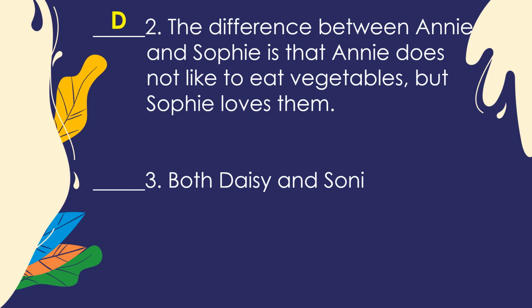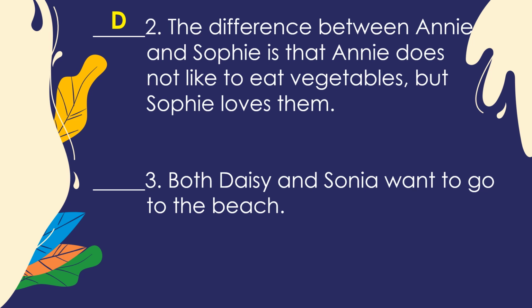For the last number, both Daisy and Sonia want to go to the beach. So si Daisy at Sonia ay pareho nilang gustong pumunta sa beach. Ito ba ay alike or different? Tama, ito ay letter A.